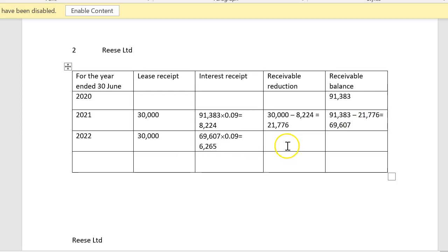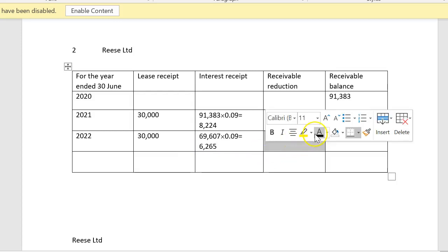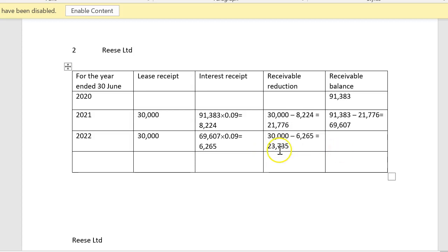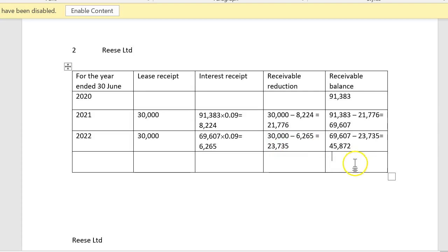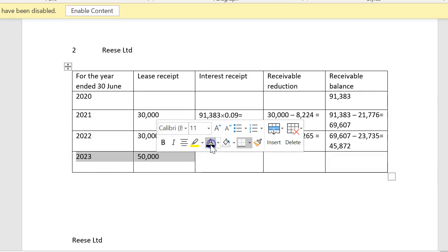There you go. And the receivable reduction is 23,735, and the receivable balance is 69,607 minus this receivable. Okay, for the year ended 30th of June 2022.